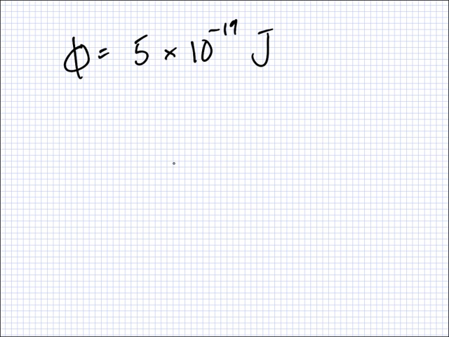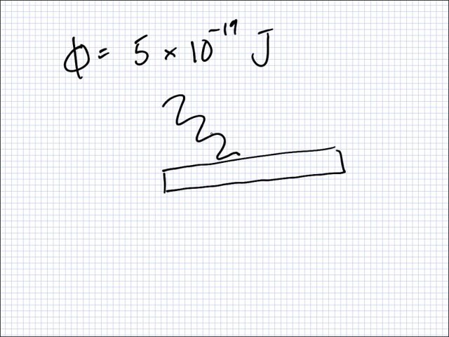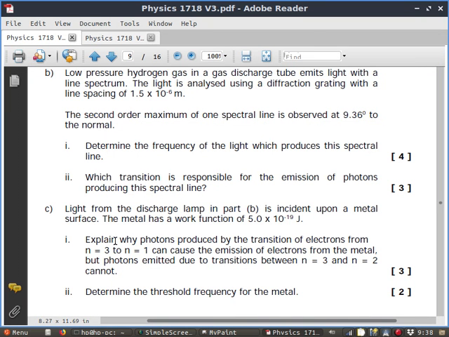So here you have the metal, and here the light comes in, the photon comes in, and out should come an electron. Explain why photons produced by the transition of electrons from 3 to 1 can cause the emission of electrons from the metal, but photons emitted due to the transition between 3 and 2 cannot.